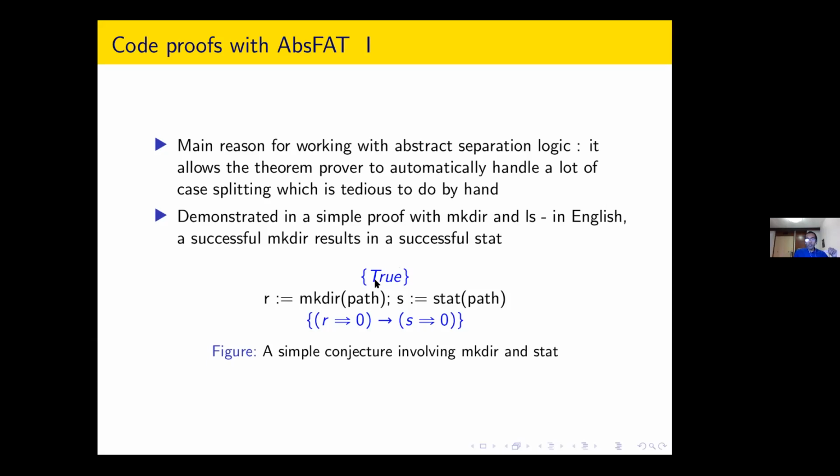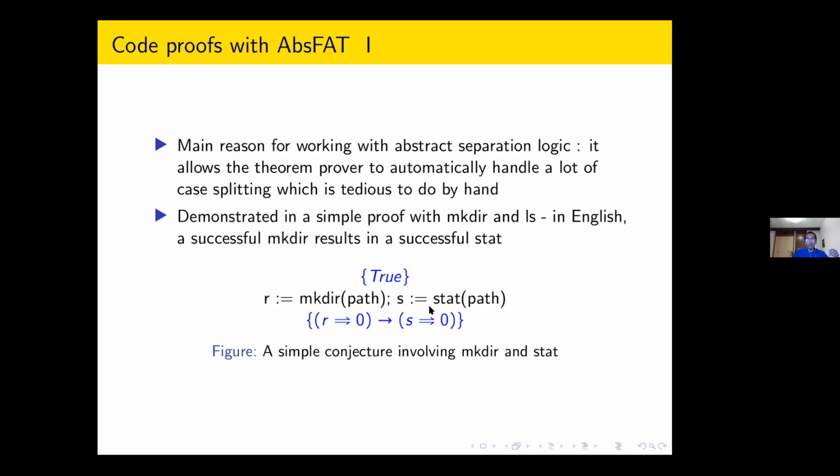So assuming absolutely nothing in the precondition, which is what it means to have a precondition of true, we get a postcondition saying that whenever r is 0, meaning mkdir is successful, we know that s is also going to be 0, which means that the stat operation is also going to be successful.